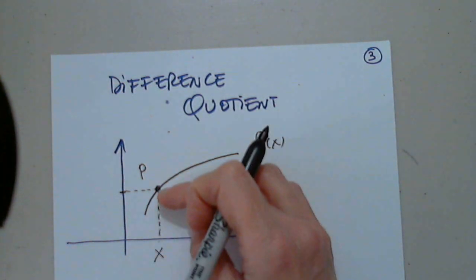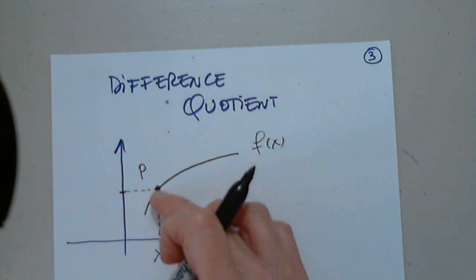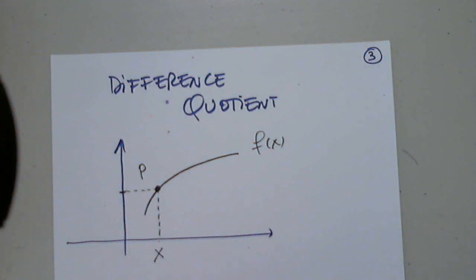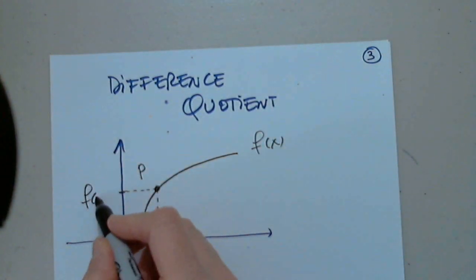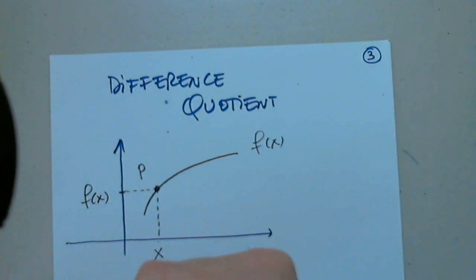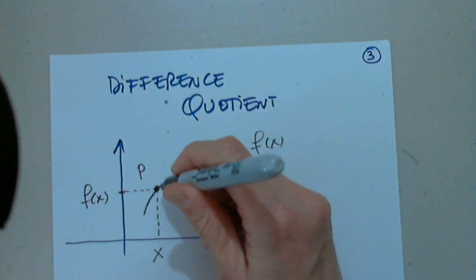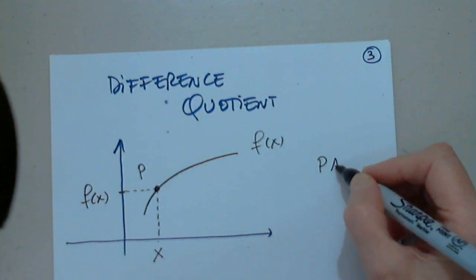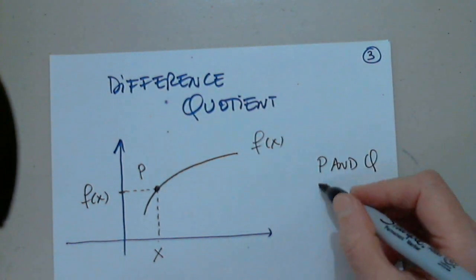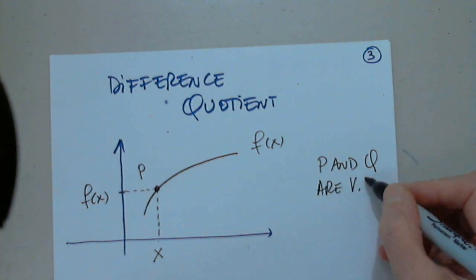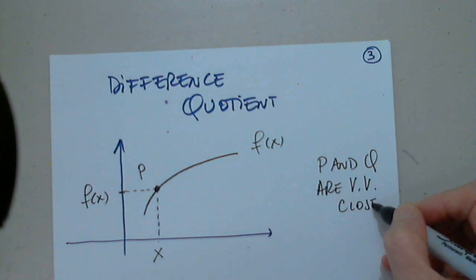If it's 5, then how do I determine the height or the y value at that point? By plugging in whatever x. Of course. So this must be f of x. Perfect. And let's say that there is a point, so P and Q are very, very close.